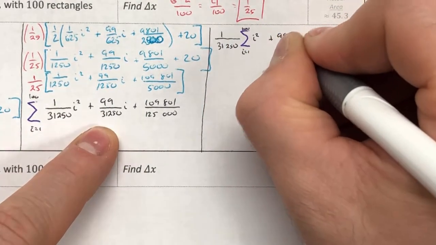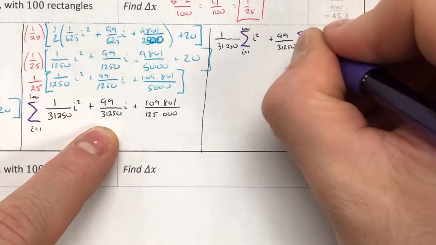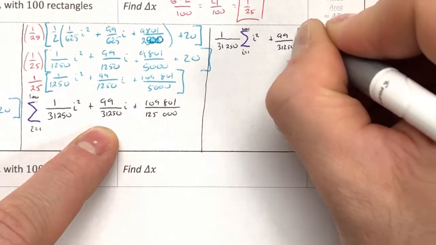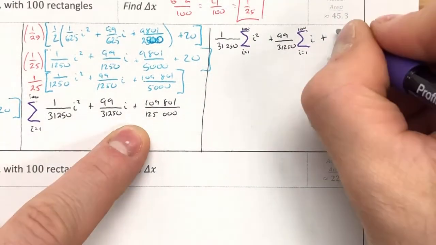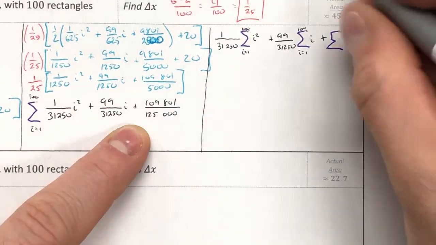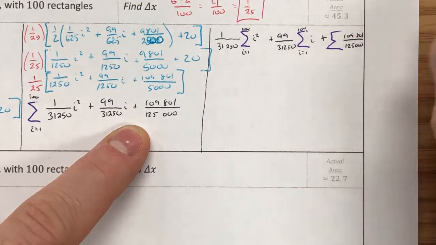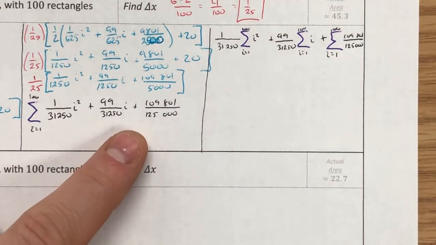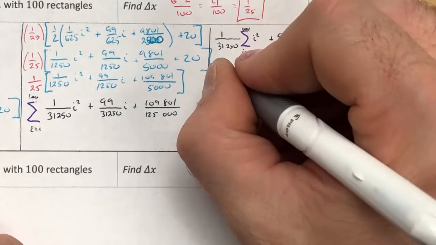I'm going to have 99 over 31,250 of the sum of I. Plus, weird sigma notation, 109,801 over 125,000. Boom. So we get that. We can then reduce this into our formulas.